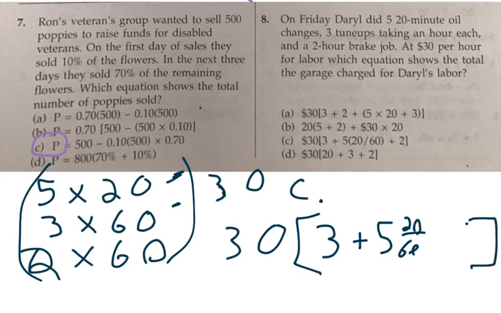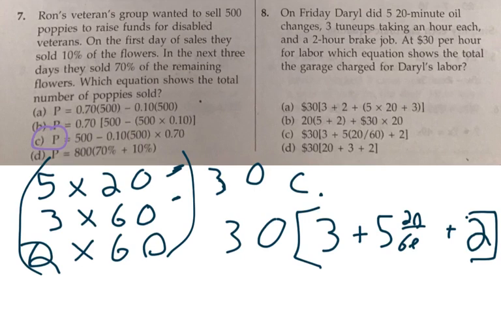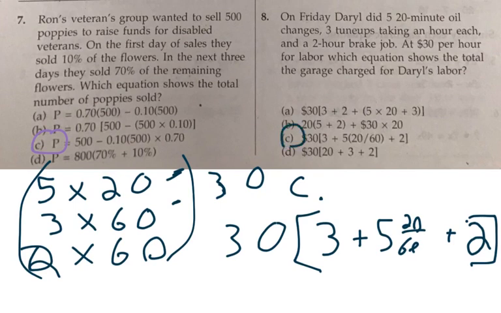And then they added the 2, because he did a 2-hour brake job as well. So on this one, they don't want us to solve anything. They're just saying, hey, what is the equation for this one? So we end up getting letter C.